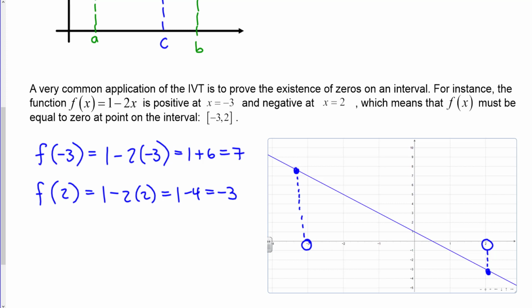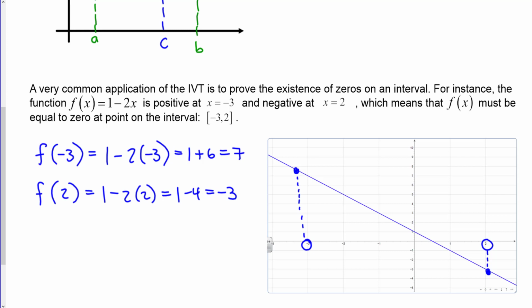But the point is, it's negative. So what that means is, for any value k that is between a positive number and a negative number, which in this case is 0, there has to be some place where this function crosses the x-axis.